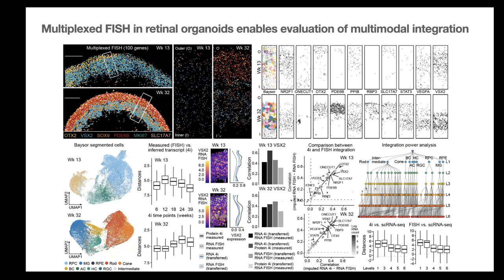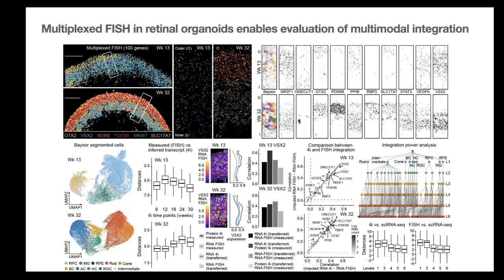In the end, we asked how nicely each of these data sets, the FISH or the 4i, can resolve the actual single-cell RNA-seq data, by clustering the single-cell RNA-seq at higher and higher resolution and letting the matched nuclei say whether they can still distinguish this resolution of clustering. There we saw that both the 4i and the FISH data perform similarly well.